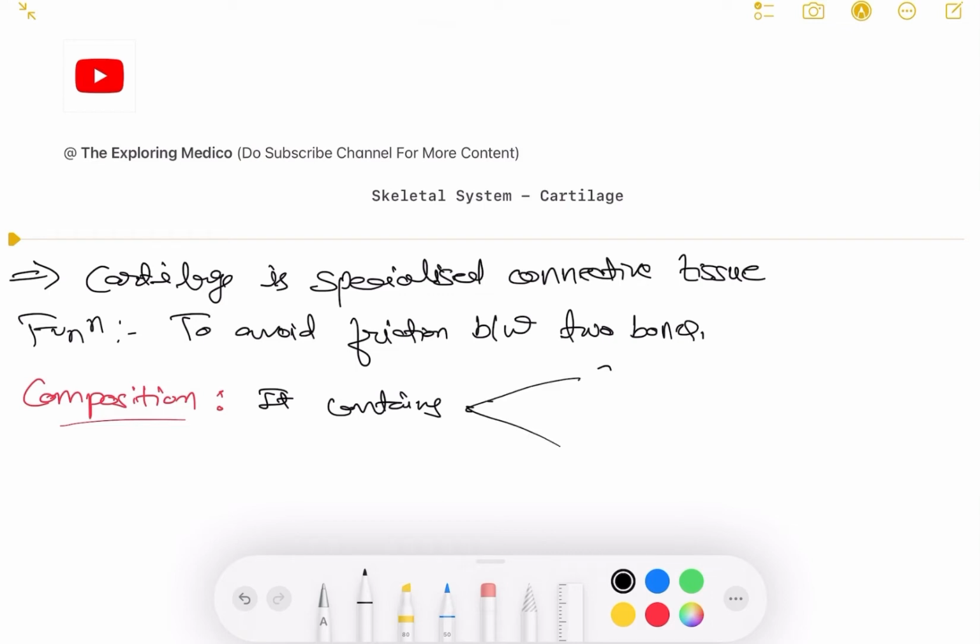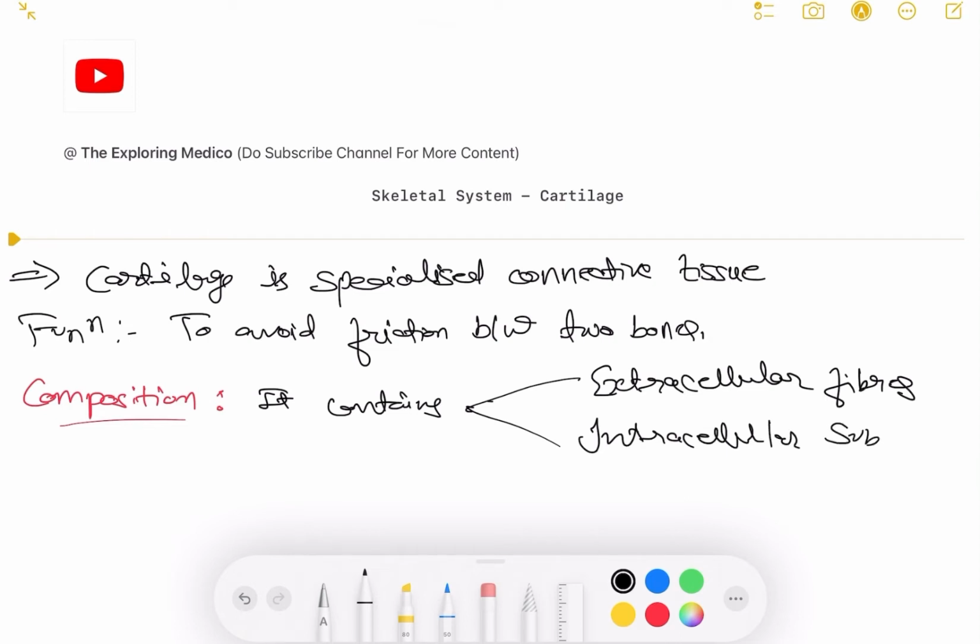Extracellular fibers as well as intracellular substances. Extracellular fibers and intracellular substances. Intracellular substances in the form of matrix, that is cell base layer.